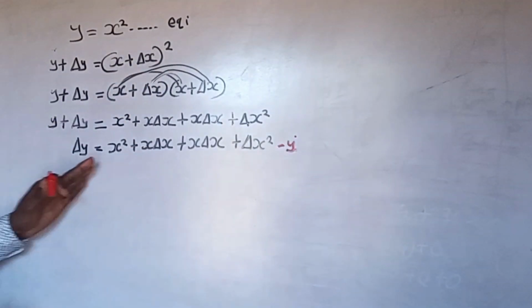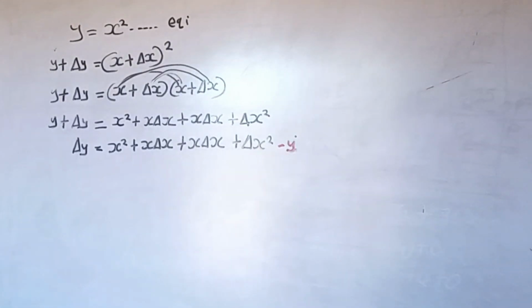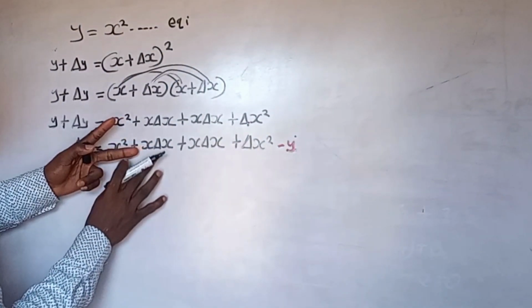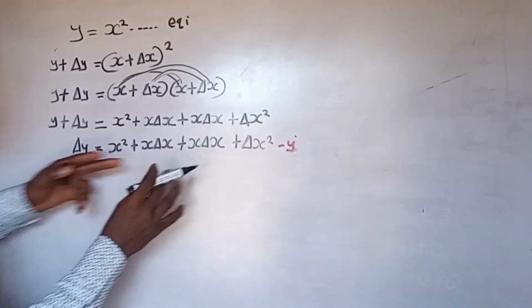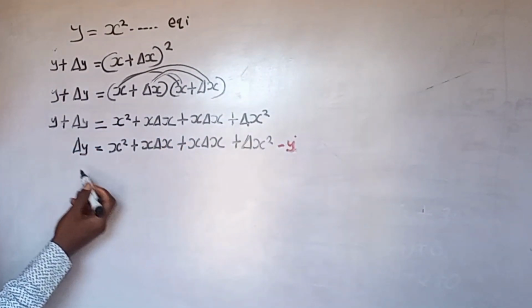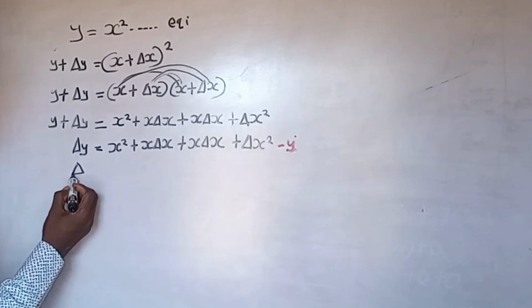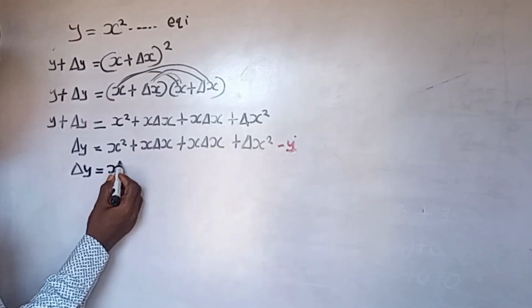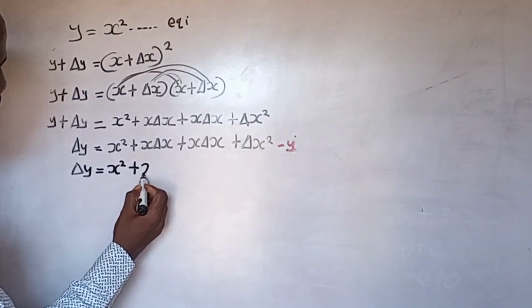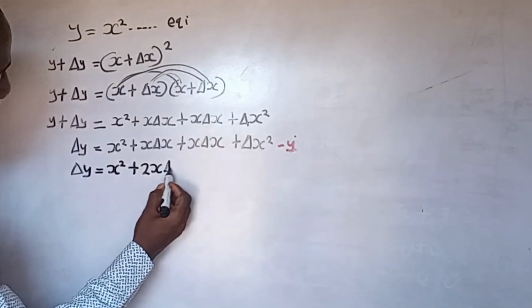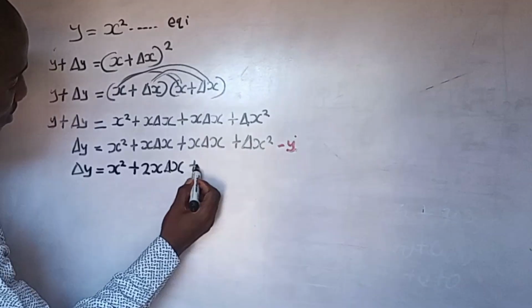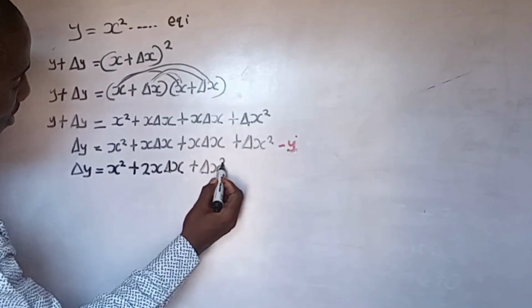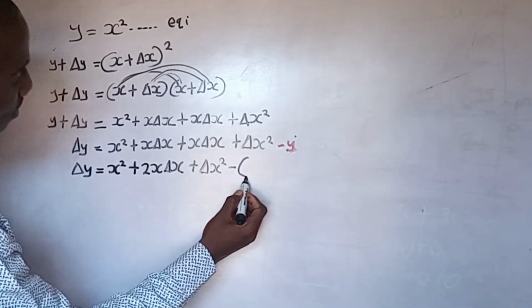After that, you can see that this x delta x can add with this x delta x, that will give us 2x delta x. So change in y equals x squared plus 2x delta x plus delta x squared minus, put bracket.